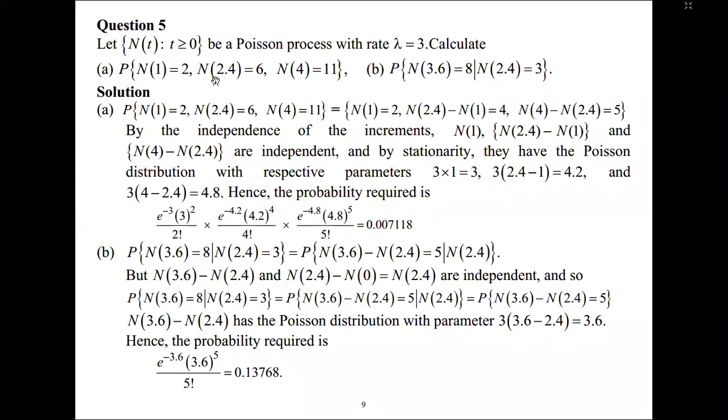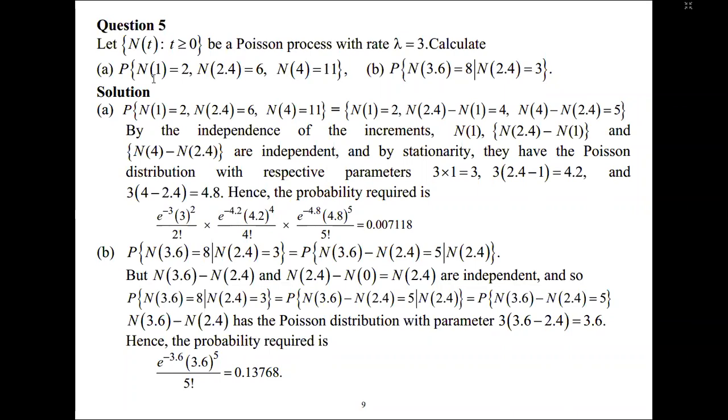So at time 1, what's the probability that 2 events will occur? At time 2.4, what's the probability that 6 events will occur? At time 4, what's the probability that 11 events will occur? So that's what we want to define.